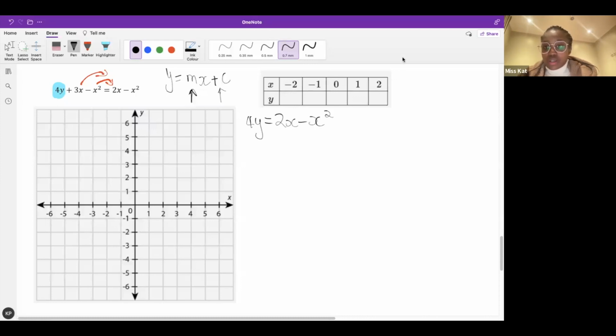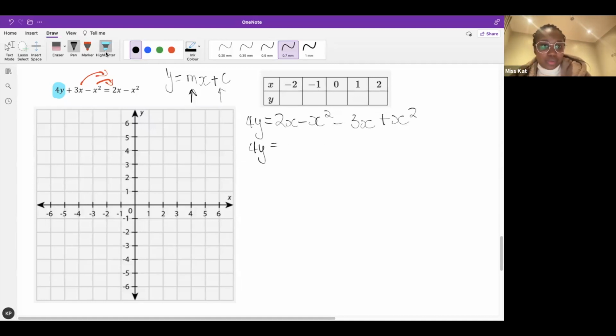Yes. Okay, so now this positive 3x, when it goes over, it becomes? Negative 3x. And then this negative x squared, when it goes over, it becomes? Positive x squared. Beautiful. I'm going to leave this 4y alone here.